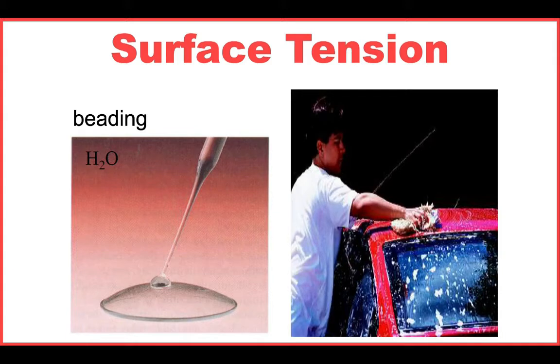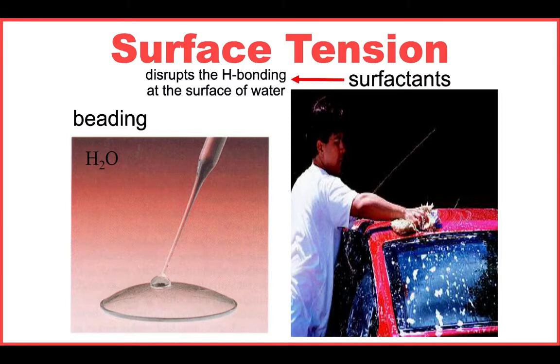Soaps and detergents are called surfactants. So they disrupt the hydrogen bonding at the surface of water. This increases the ability of water to wet other substances. Okay, so likewise, surface tension decreases as the intermolecular forces weaken. So it's like a direct relationship.